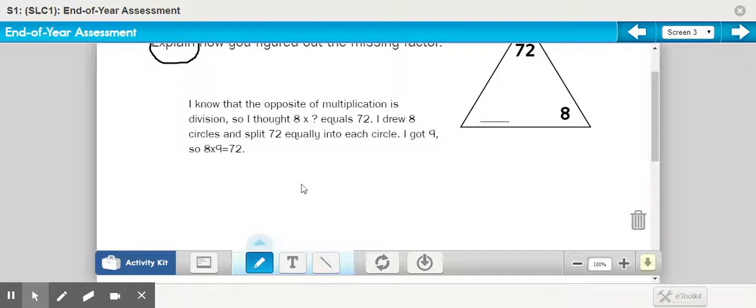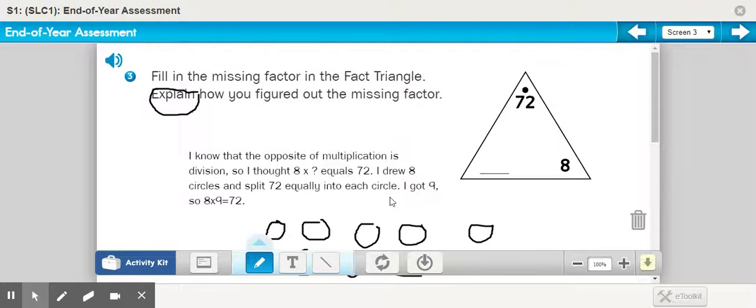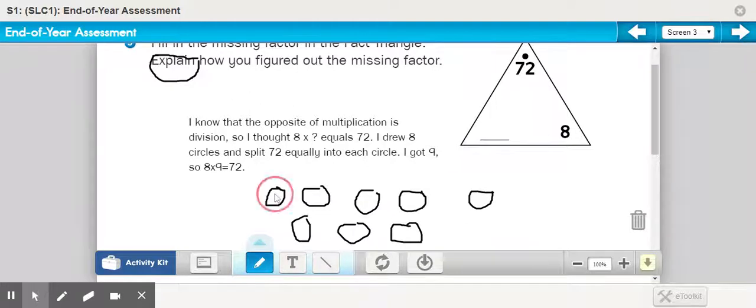So as you think about this, I'm taking 8 circles, and I'm drawing them now. Excuse me. And then what I would do is I would count 72 and put a mark in each circle.